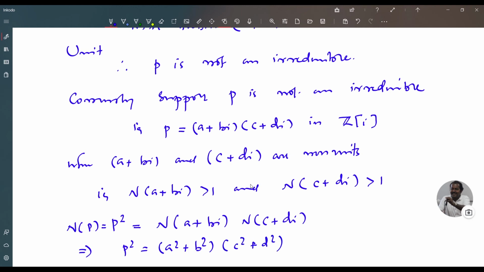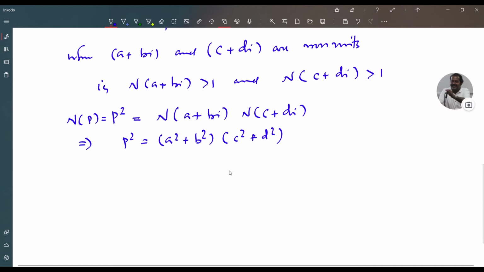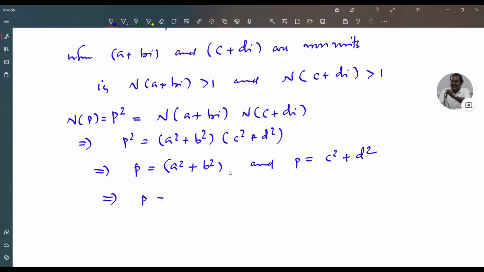And you know that a squared plus b squared is not equal to 1, c squared plus d squared is not equal to 1, and p is an odd prime. This implies p is a squared plus b squared and p is c squared plus d squared. That is, p is a squared plus b squared. You know that if p is a squared plus b squared, p is congruent to 1 mod 4 by the previous theorem.